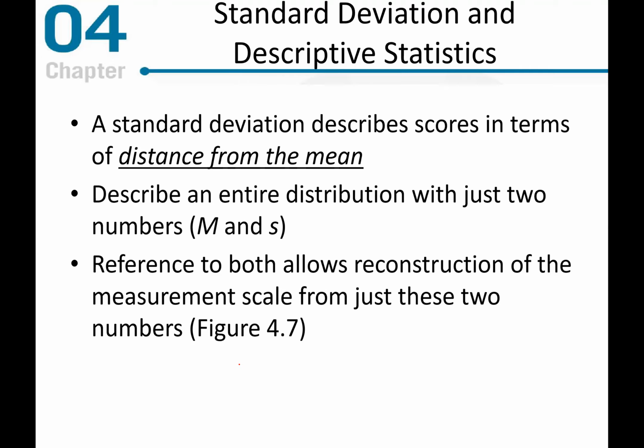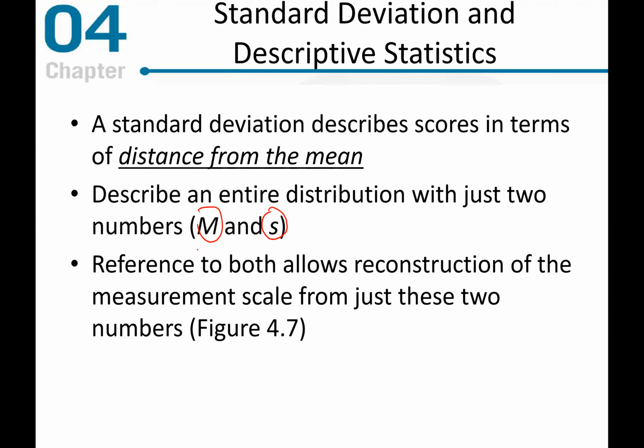So, the standard deviation and descriptive statistics. A standard deviation describes scores in terms of a distance from the mean. You could describe an entire distribution with just two numbers, in this case, the sample mean and the sample standard deviation.